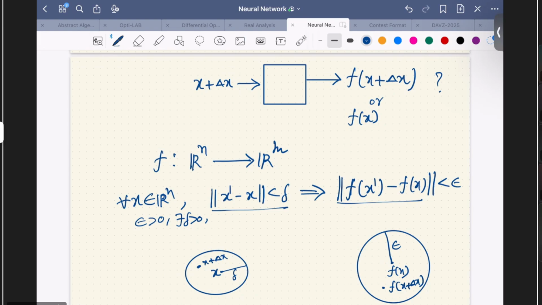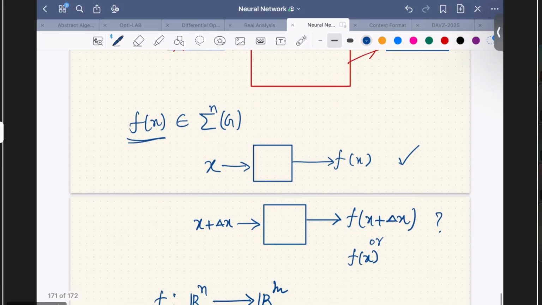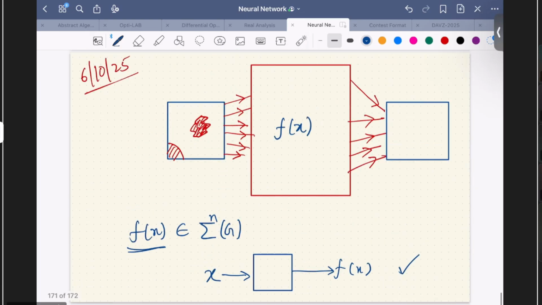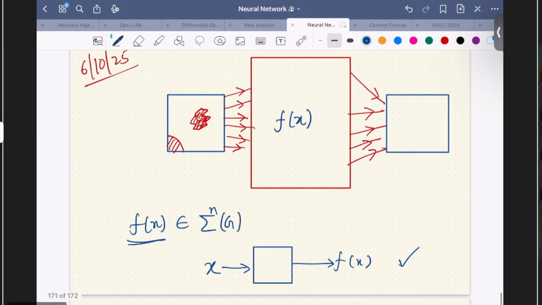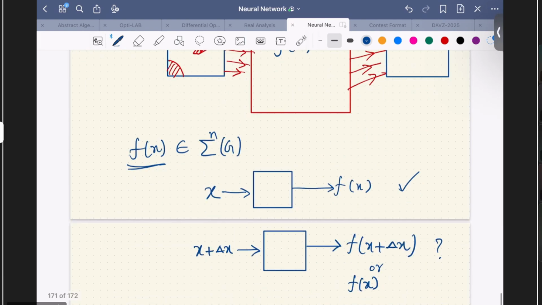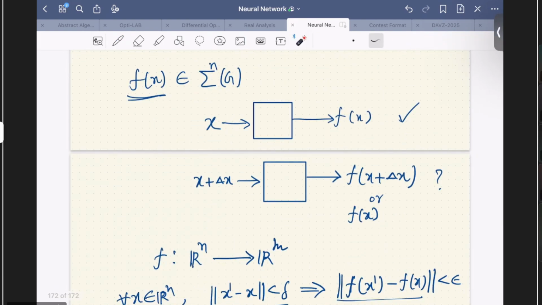But now I don't want that. Now my x is original and my x plus delta x is something distorted. Distorted means some information is left off, but I still want f of x, because that is my original one.